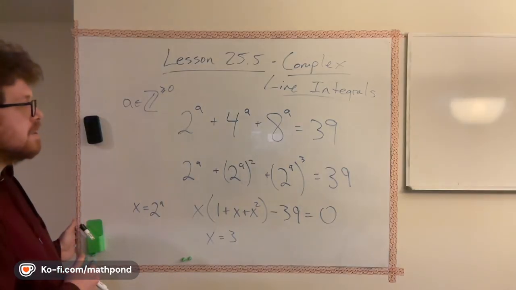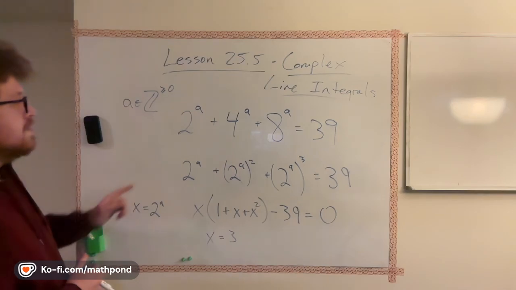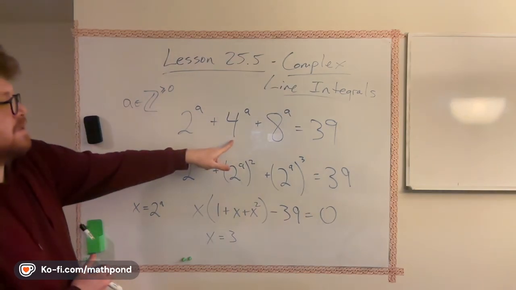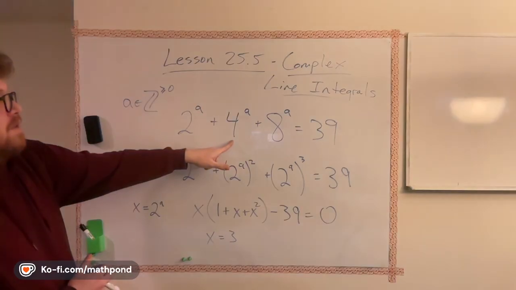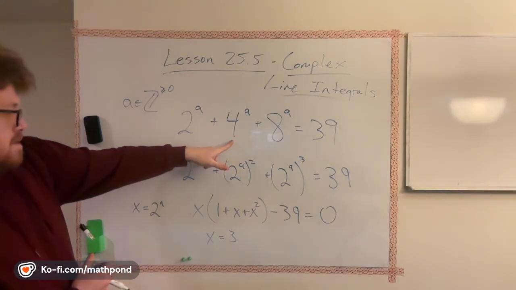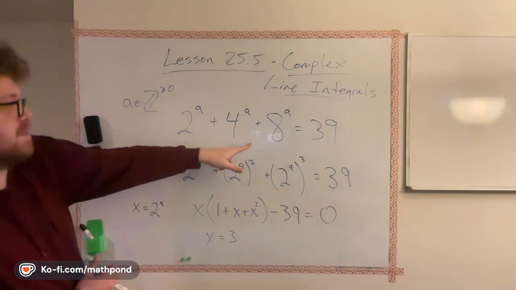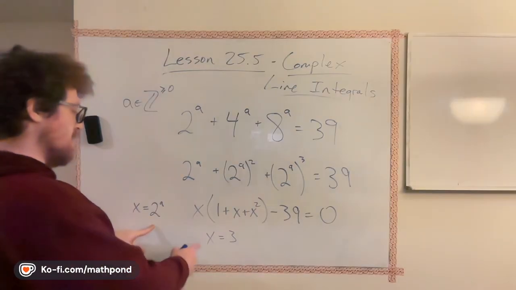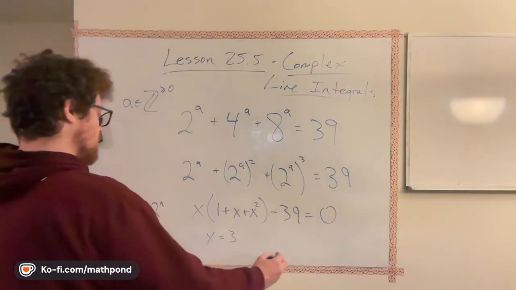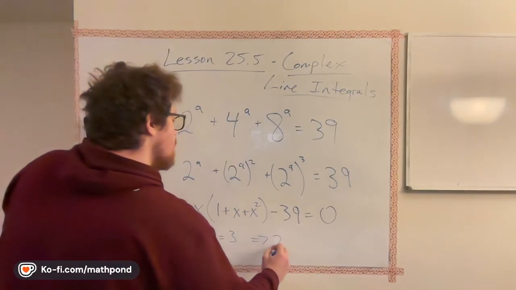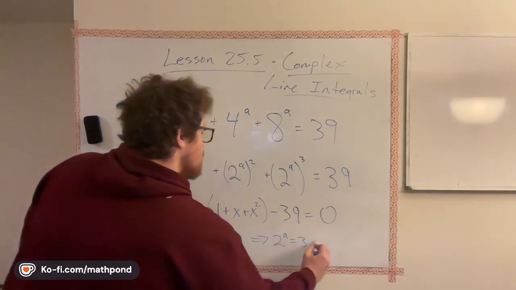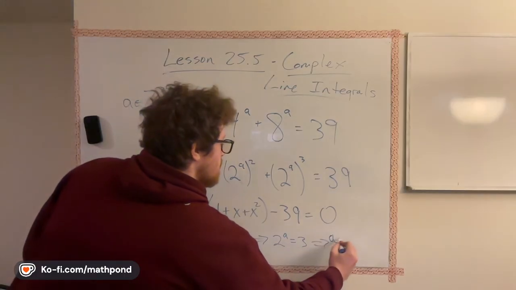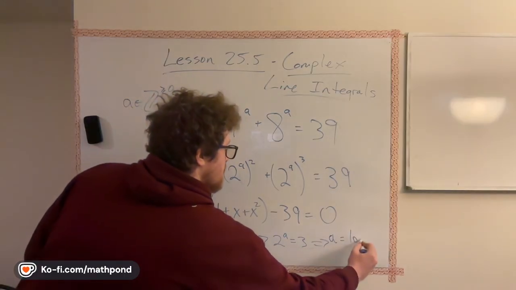Check: 3 plus 9 is 12, plus 27 is 39. Yeah, that looks good. So X would be 3, and 2 to the A is 3. That means that A is log base 2 of 3.